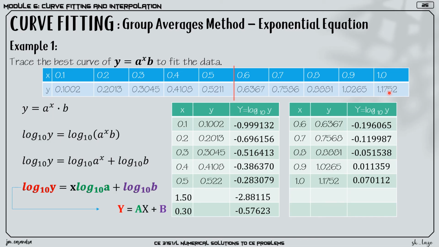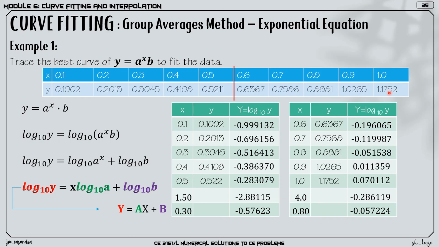For x and the modified y, we get their sum and average as 4 and 0.8 for x, and negative 0.286119 and negative 0.057224 for the modified y.